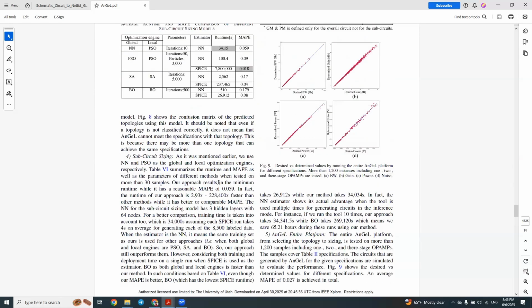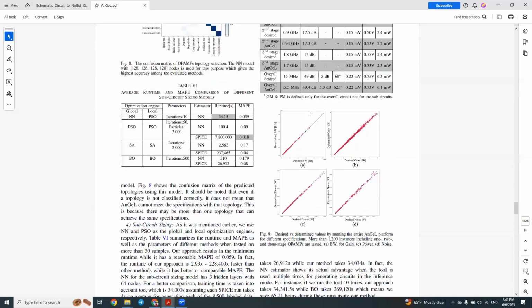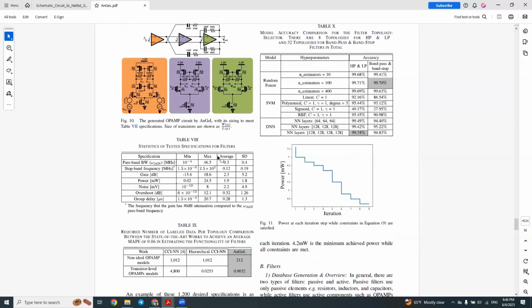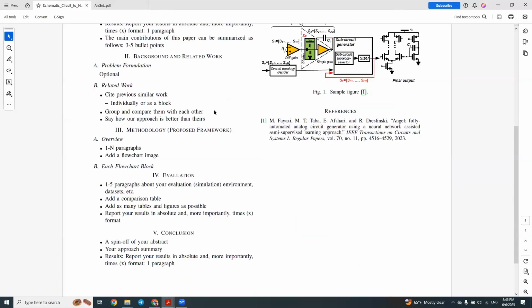It makes it completely clear what is input and what is output. So we give the input specifications here, and we have this as a final output.